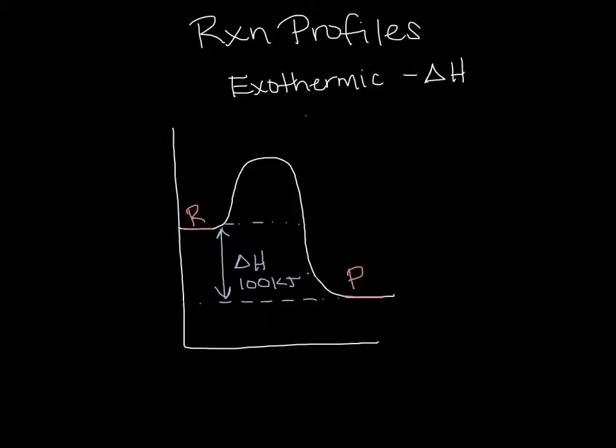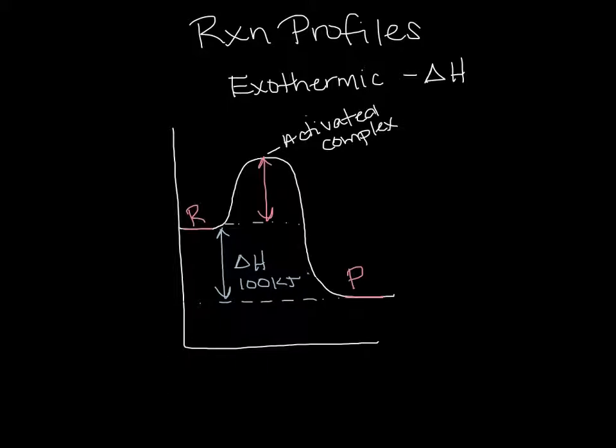Okay. Next, I have this section right here. And this point, this peak, is actually called my activated complex. This is the point at which most of my molecules in my reaction have enough energy for successful collisions to occur, so for my reaction to occur.